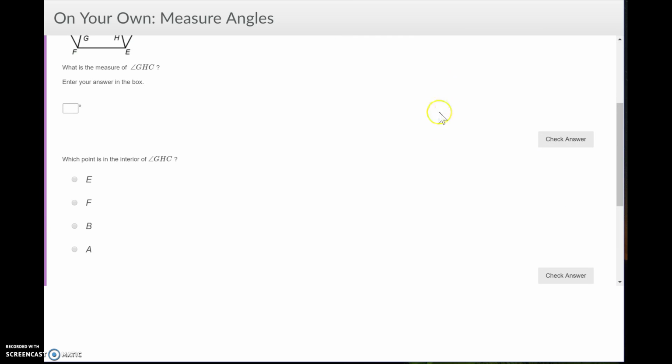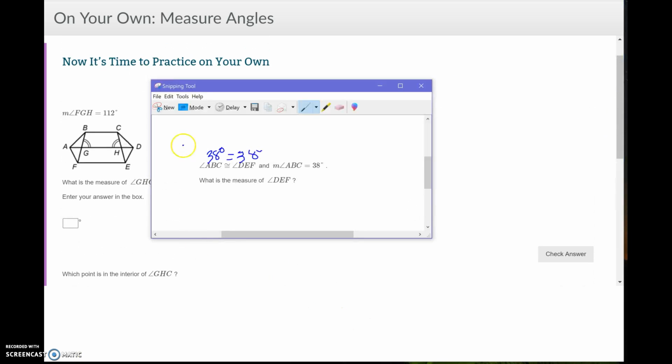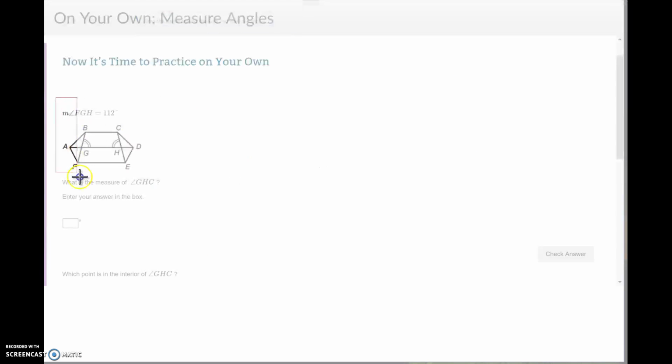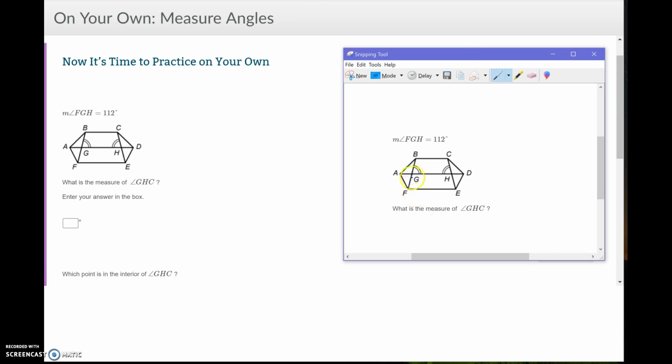All right, last one. All right, so we have FGH. This angle is 112 degrees. And we need to find GHC, this angle right here. Well, it is congruent to this one.